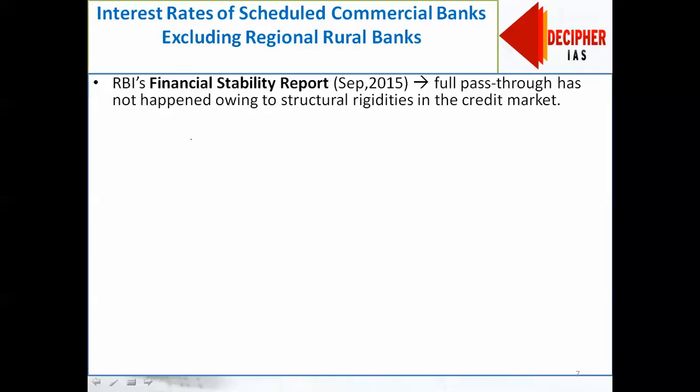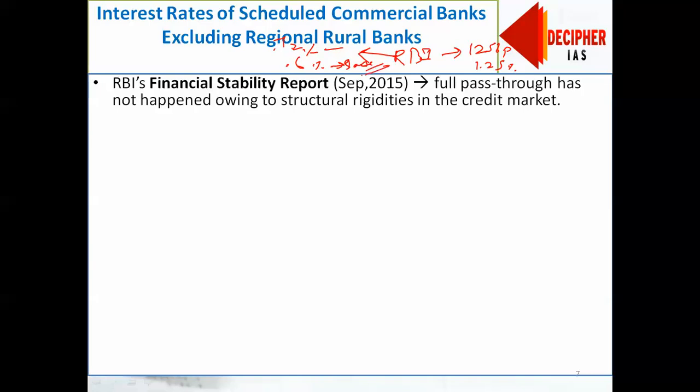Now RBI is giving a decrease in the policy repo rate of 125 basis points, that is 1.25 percentage, but banks are giving a reduction of 72 basis points or 0.72% in the deposit rate and 0.6% in the base rate.